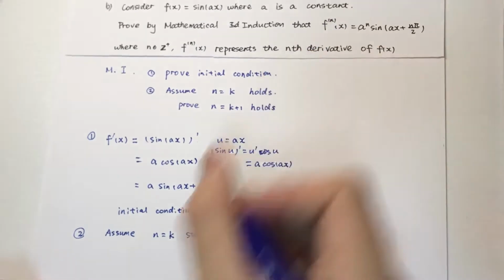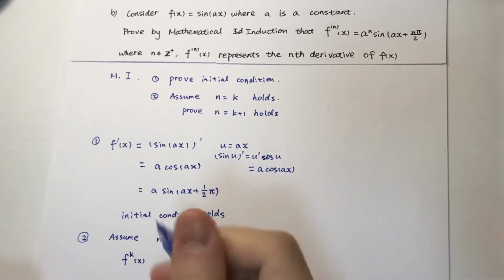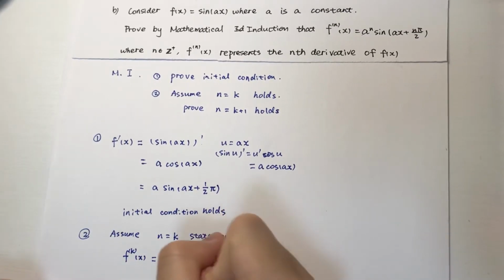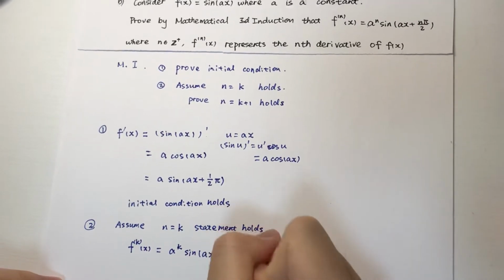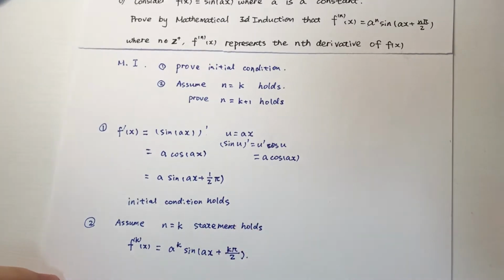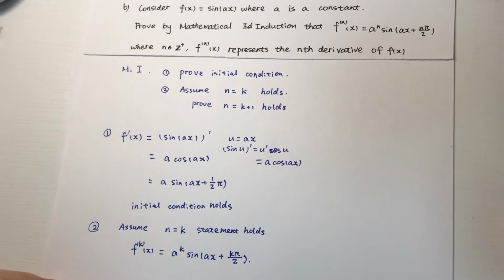We put k here: f^(k)(x) equals a^k sin(ax + kπ/2). So now we need to consider when n equals k plus 1.